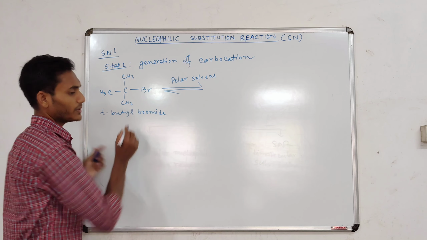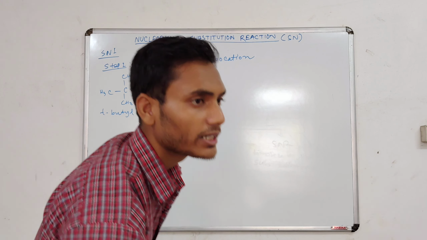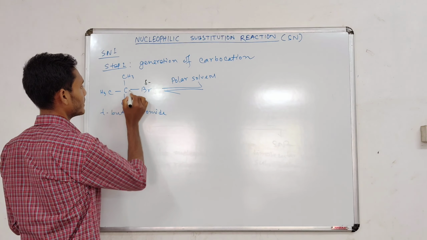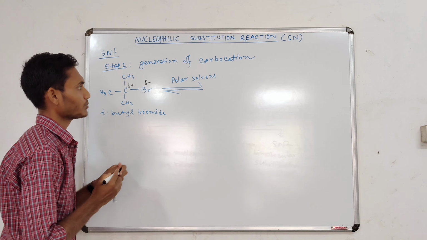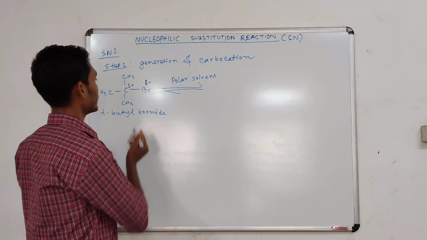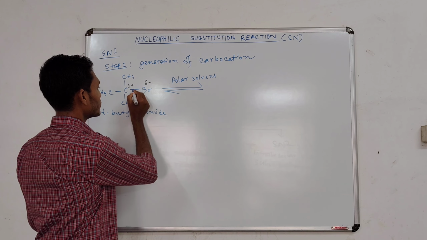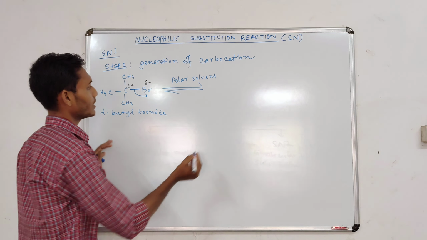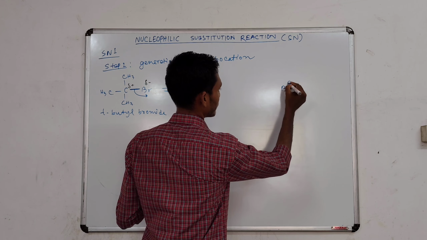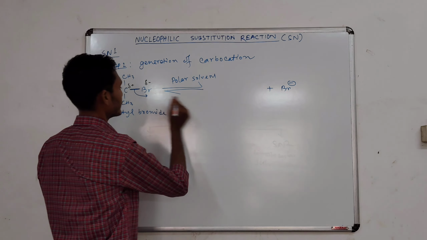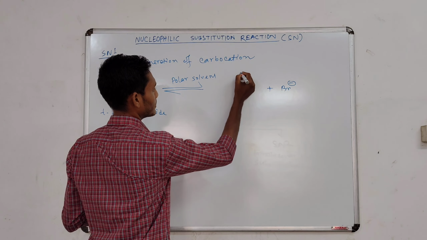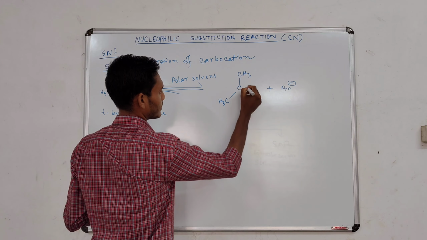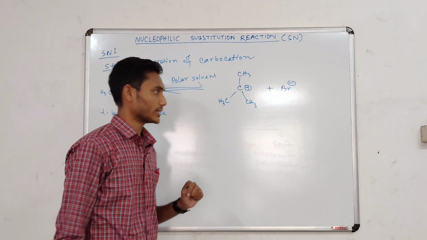then here Br, bromine, is a more electronegative atom than carbon. So there is a partial negative charge on bromine and a partial positive charge on carbon. In polar solvent, the bromine atom leaves from the alkyl halide and forms a carbocation. So here Br minus is generated and a carbocation is formed, that is tertiary butyl carbocation.